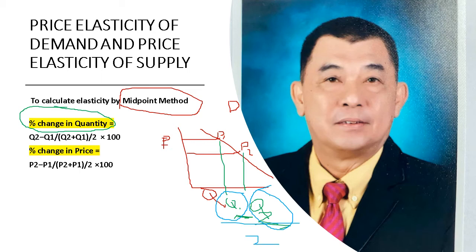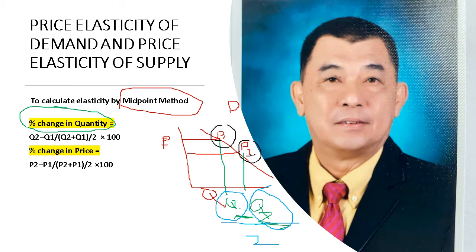Now, if you are going to get the percent change in price, you have P2 minus P1 all over the parentheses P2 plus P1 all over 2, times 100 to make it percent.